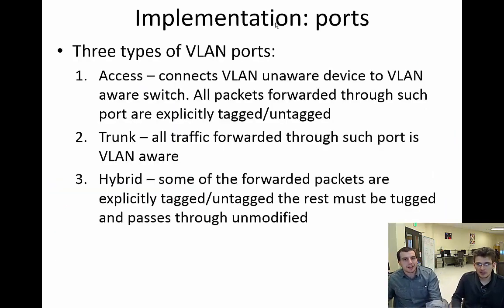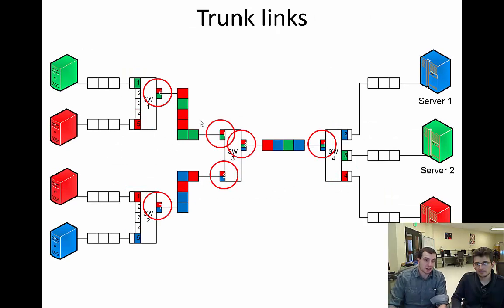And so then we have trunk. Trunk lets all traffic be forwarded through the port if the trunk is allowed to have those VLANs pass. So I guess this would be the bouncer inside the bar who lets you go from one part of the bar to the other. He'll check your bracelet to make sure that you have a color that's allowed to pass.